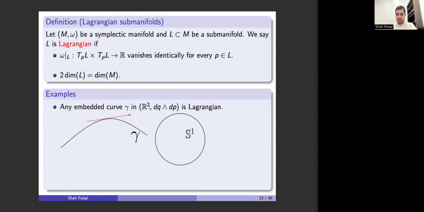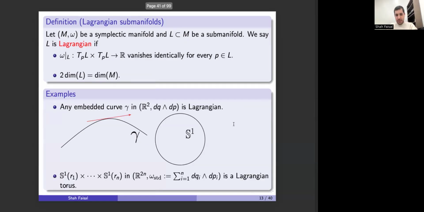So if you plug in the same vector or its scalar multiple, then the skew symmetry of the symplectic form tells you that it has to vanish. So one-dimensional submanifolds are Lagrangian. And of course, you can take a circle, that would be a Lagrangian torus, a one-dimensional torus.